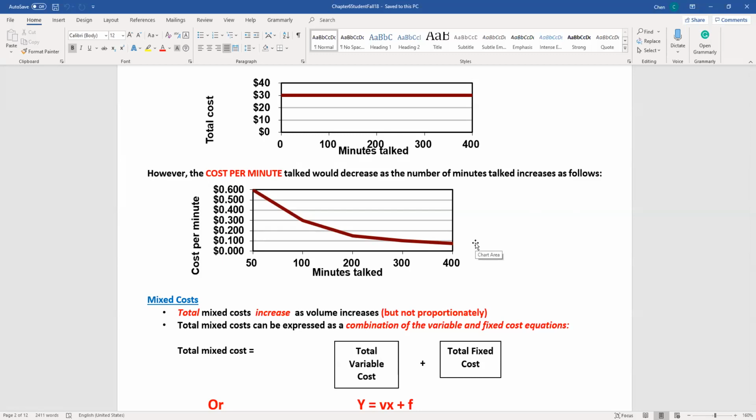But if you talk like 10 minutes during the month and you pay a total of $30, then that means your average cost per minute will be $3. Okay, and then you can see that the cost per minute will decrease as you increase your number of minutes talked through the phone call.